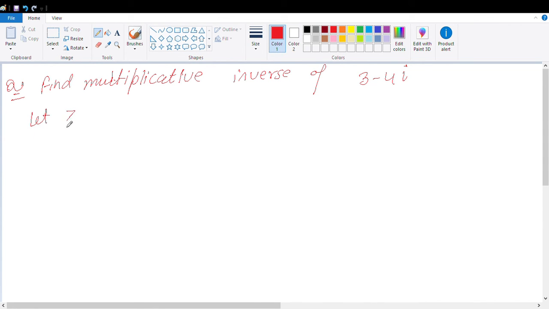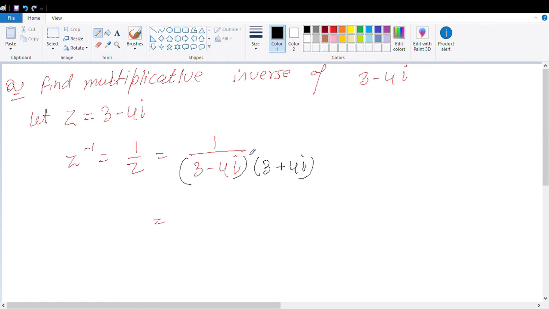Let z equal 3 minus 4i. So what will be its inverse? z inverse is equal to, I told you, 1 upon z, means 1 upon 3 minus 4i. So this is equal to, now you will multiply by the conjugate of the denominator. So that is 3 plus 4i, numerator and denominator both.